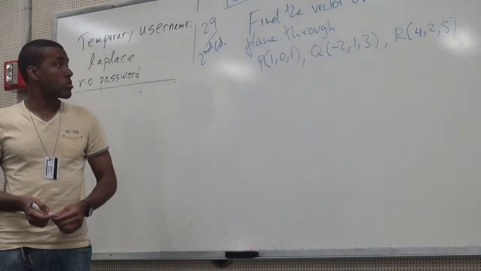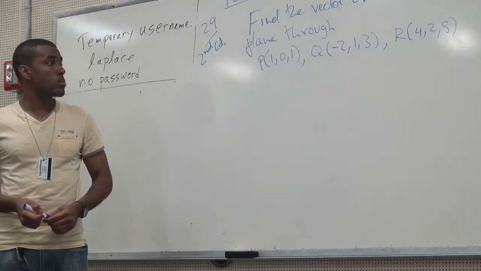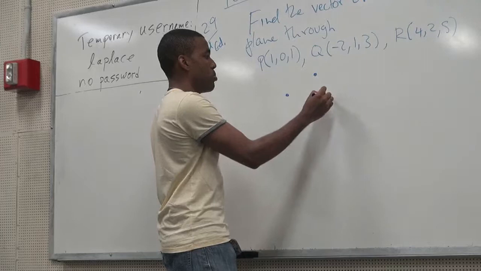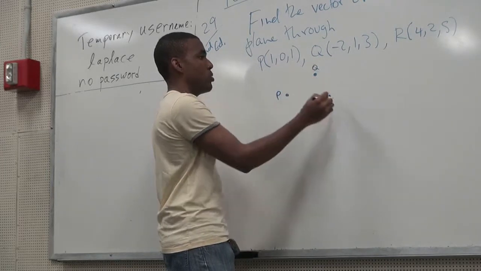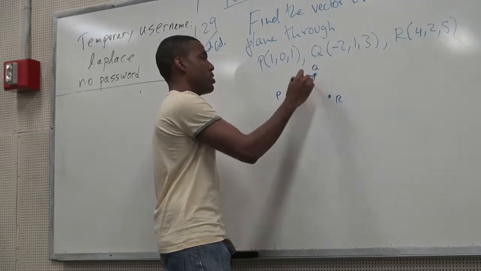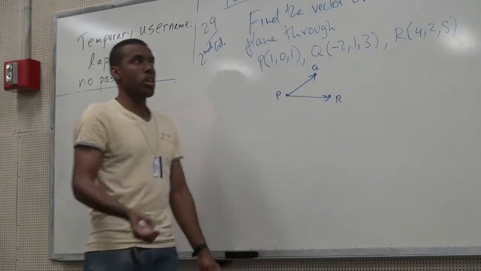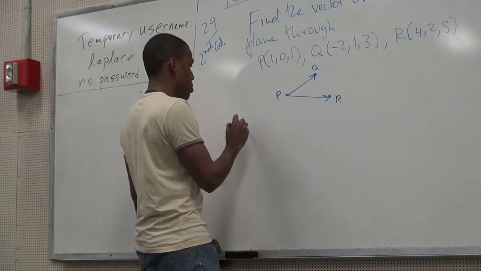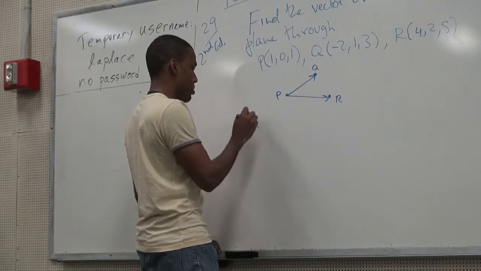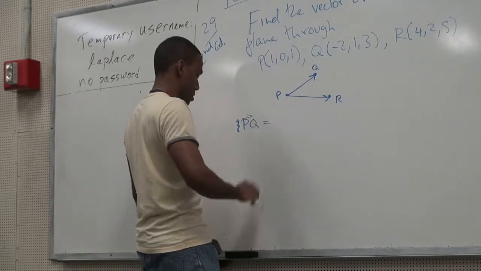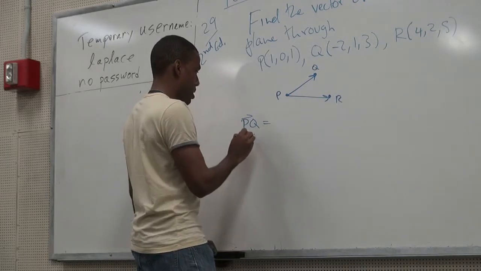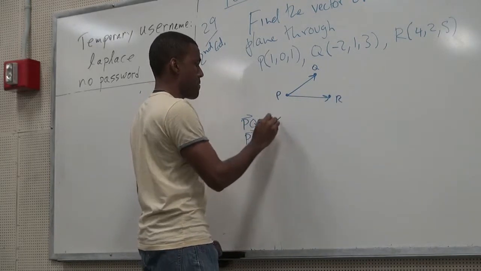Find vector PQ and PR, and then you get the cross product of PQ and PR. You think of these as just 3 points in the plane, P, Q, R. You can find 2 vectors going this way, and then you just take the cross product, and you get something orthogonal. That's it. So we have PQ, and we can find PR.